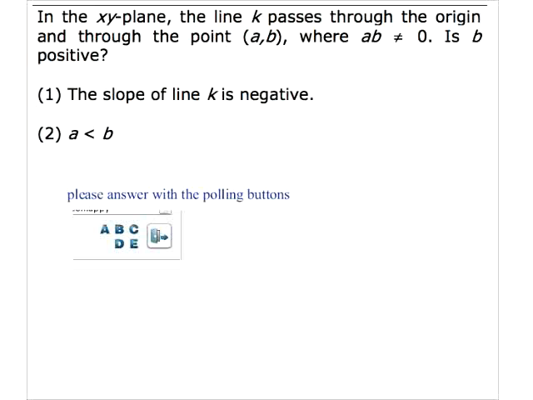Okay, that's about 2.5 minutes, so please indicate. If you have not indicated an answer, please indicate one. Remember using these polling buttons.